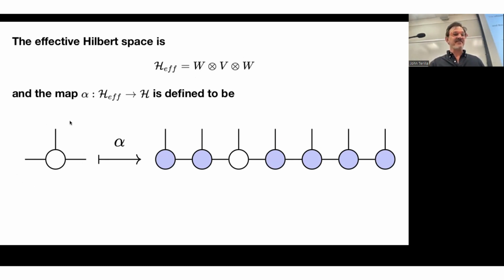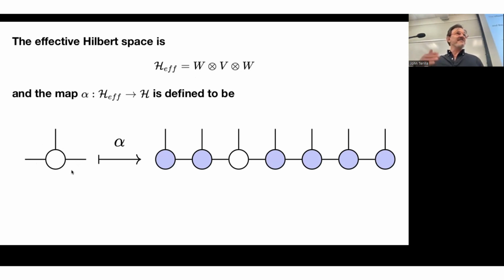So that's things that look like this object on the left. So if these bond spaces are 3 and the physical site has dimension 2, this is a little 18-dimensional vector space, 3, 3, and 2.